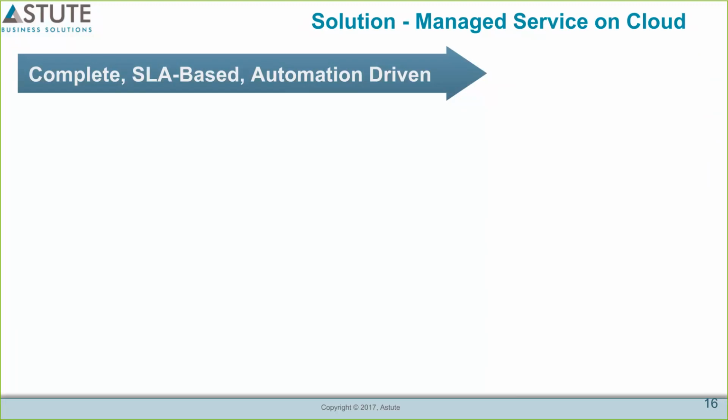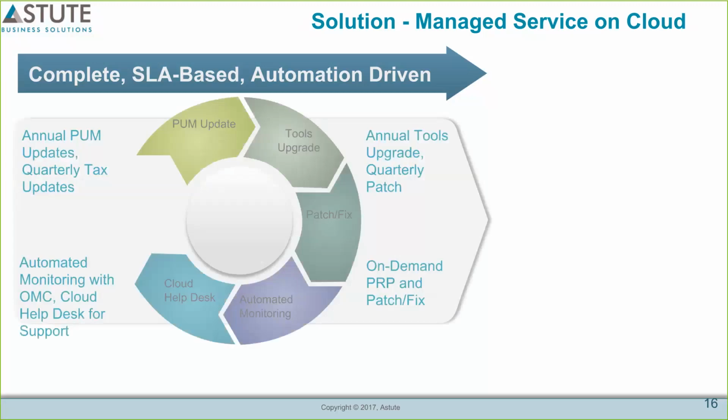So a complete SLA-based, automation-driven solution that can help you apply a PUM update once a year with quarterly bundles or patches and fixes, a tools upgrade once a year with patches every quarter, on-demand patching and fixing, a help desk for all of your support needs, taking care of cloud infrastructure, platform, and PeopleSoft technical support services.